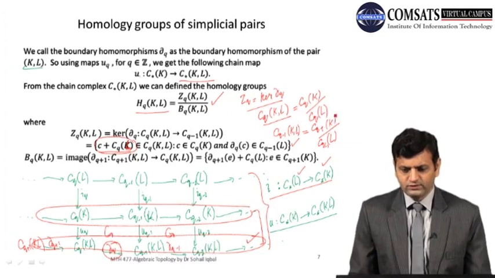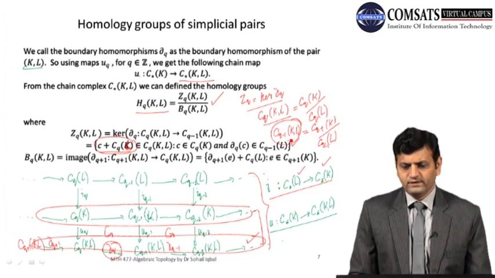So what are zeros in this C_{q-1}(K,L)? Zero means it should be an element of C_{q-1} L. That's why we are saying that c is an element of C_q K such that its boundary belongs to C_{q-1} L.